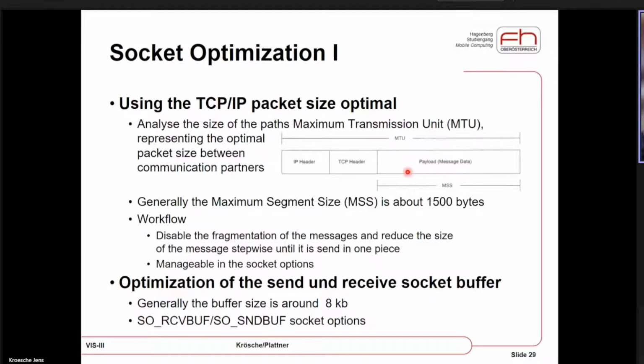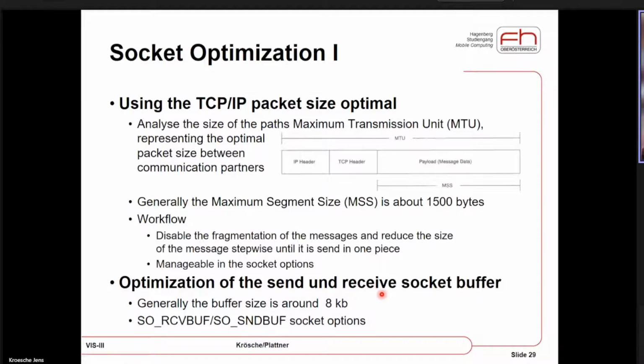But this is typically only useful when you know you are communicating large pieces of data over a fixed communication line. And this is just for information reasons. What you also can do is try to manipulate the internally used socket buffer.